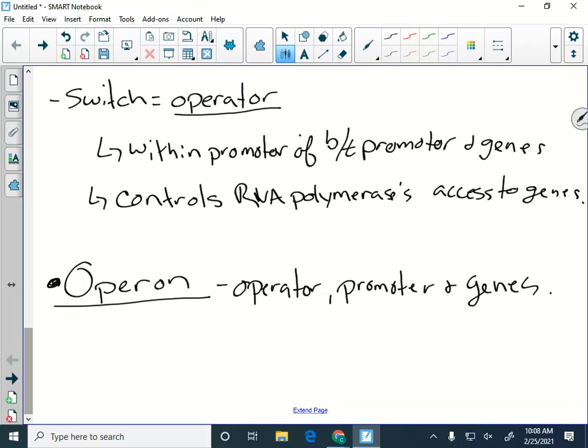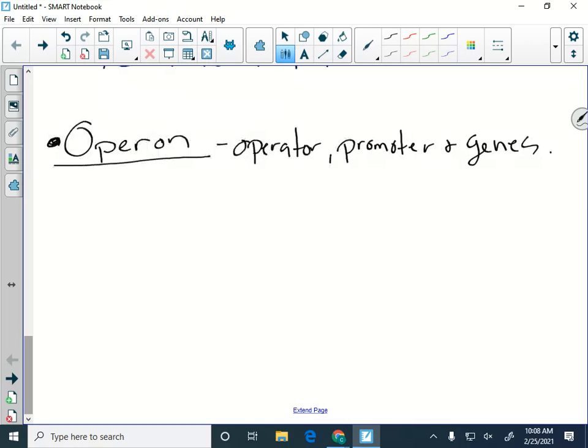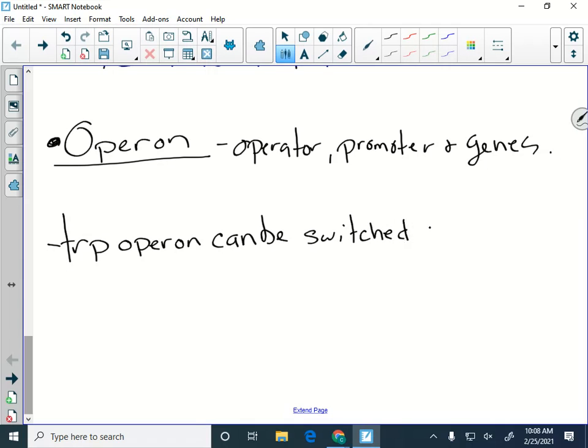So, how does all of this work? The trp operon can be switched off by a repressor protein.